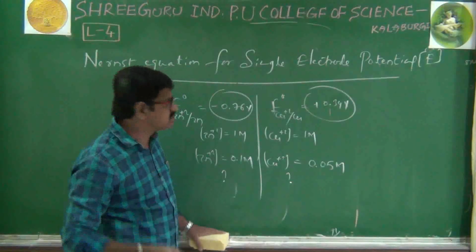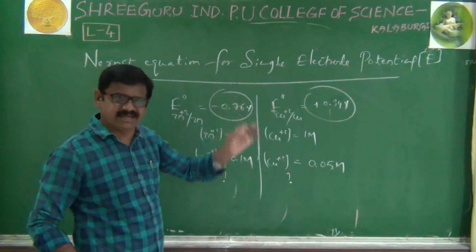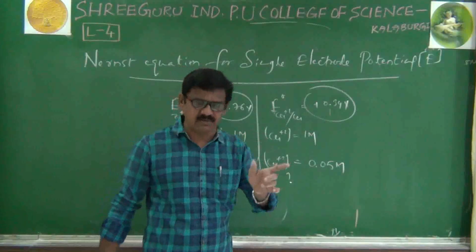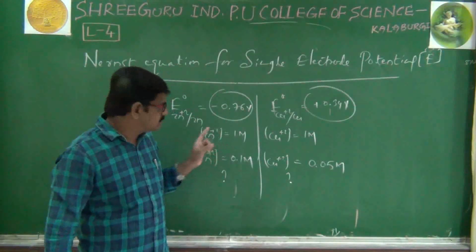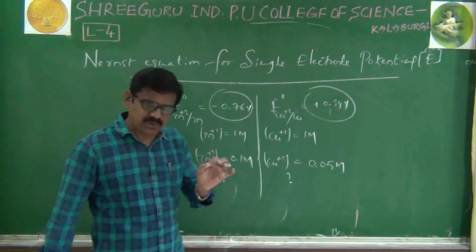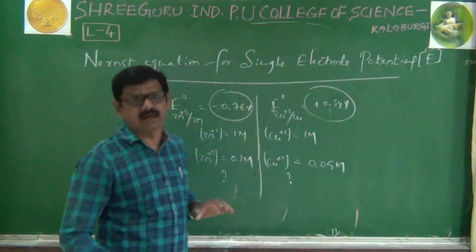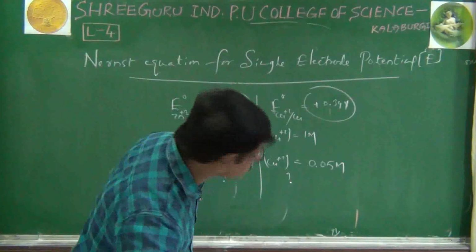For that purpose, Nernst has given one equation, nothing but one formula. Based on that formula, we will calculate single electrode potential values at concentrations other than 1 molar. We'll see them.